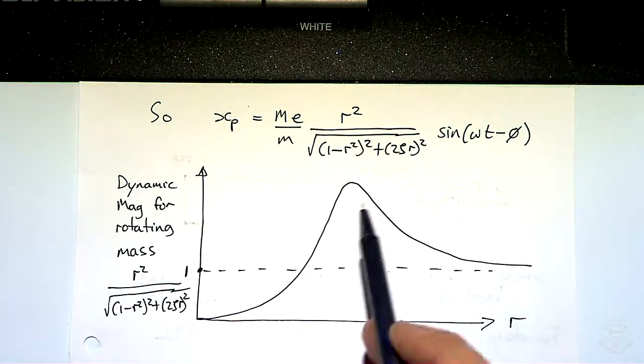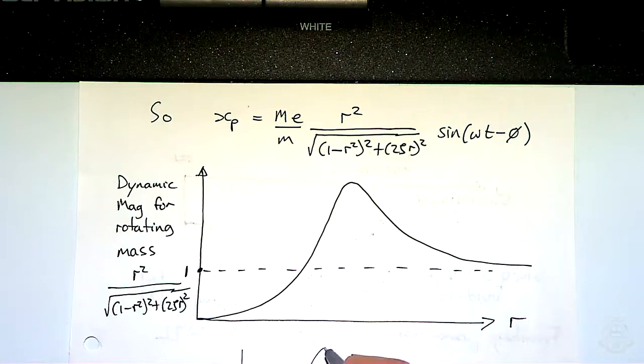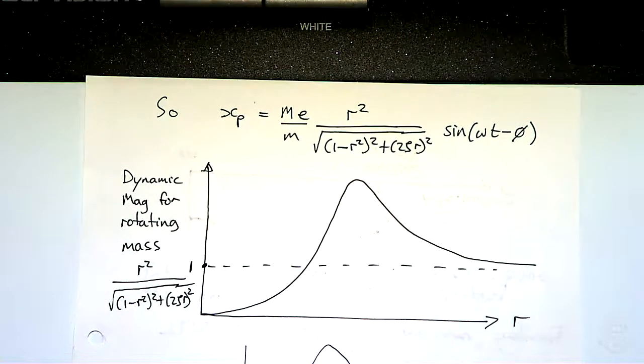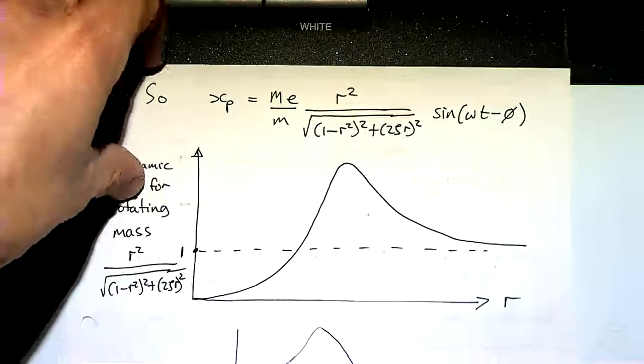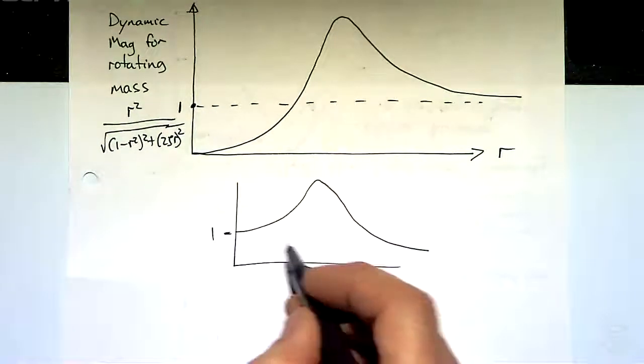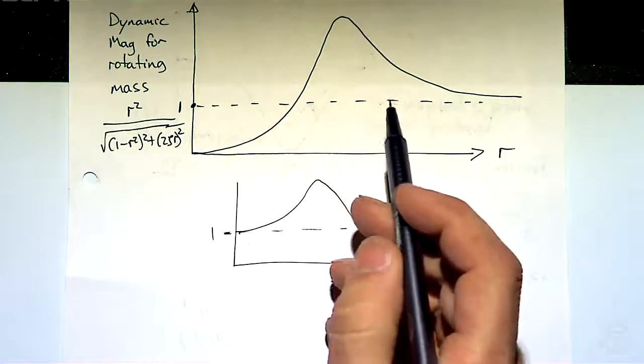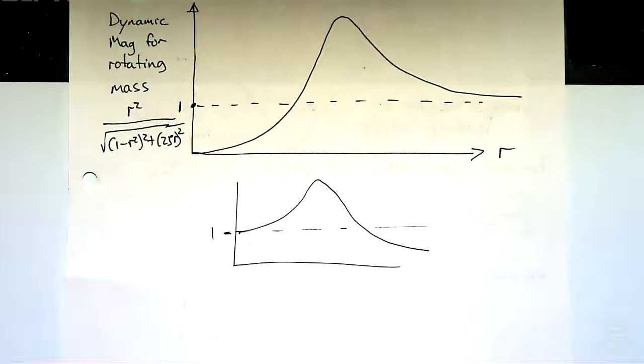If you see a picture like this, it's almost the opposite to the normal forcing case. The normal forcing case we did last week looks like that, where it starts at 1 and does something like this. So this one is almost like it being flipped the other way.